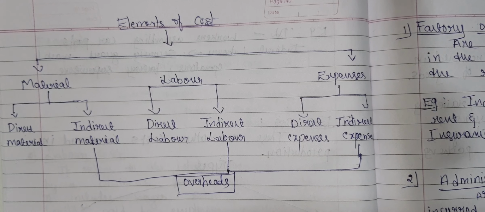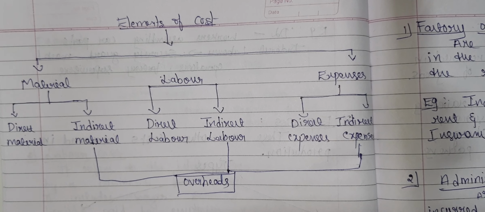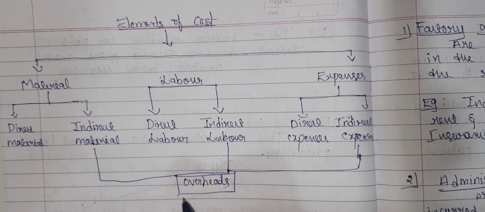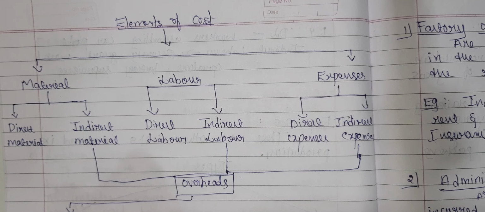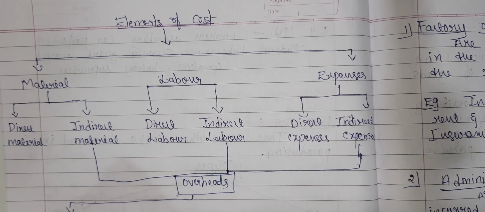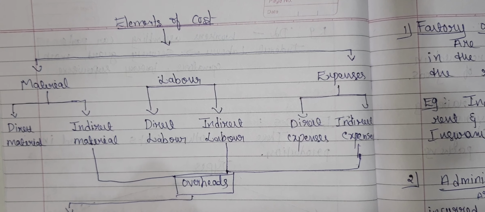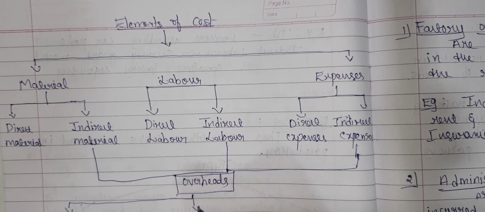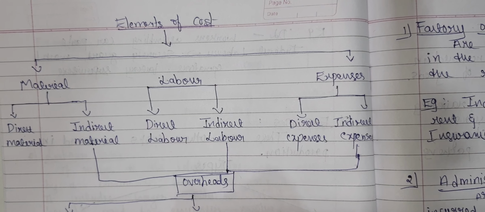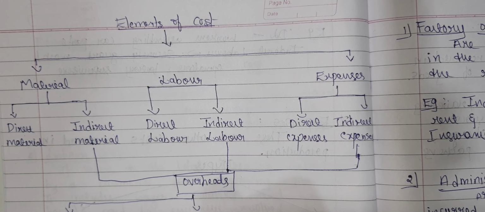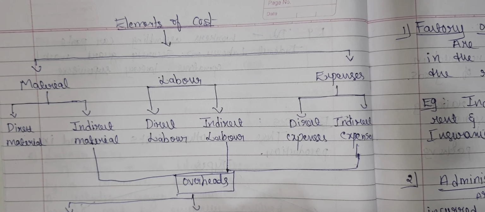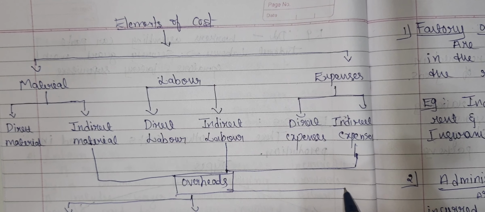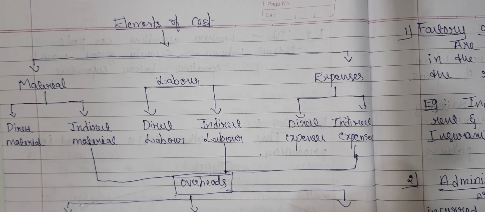Here overheads are classified into three types. They are factory overhead, administrative overhead or expenses, and third one is selling and distribution expenses.